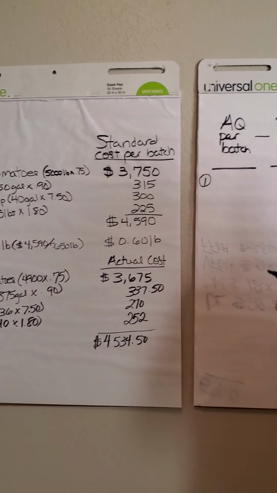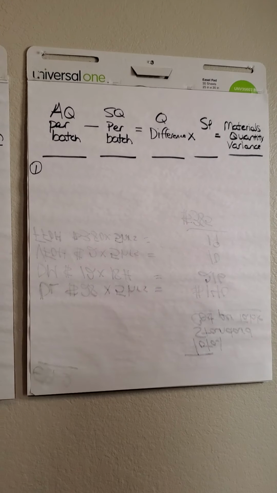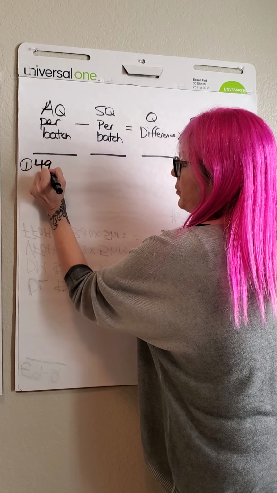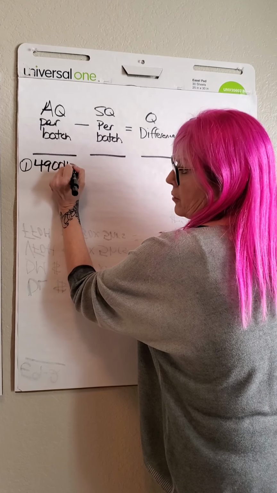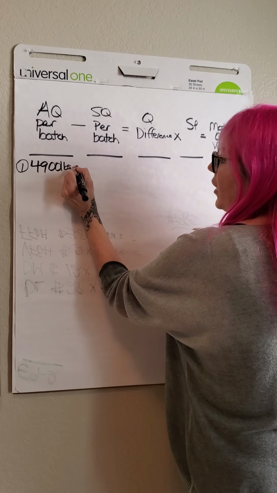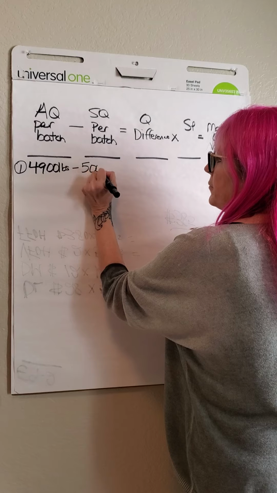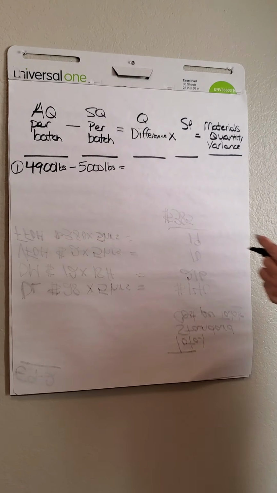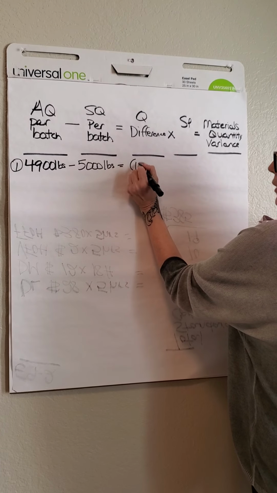So for example, the actual quantity of tomatoes that we used was 4,900 pounds. And the standard quantity is 5,000 pounds. Okay, so this gives us a difference of 100 pounds.